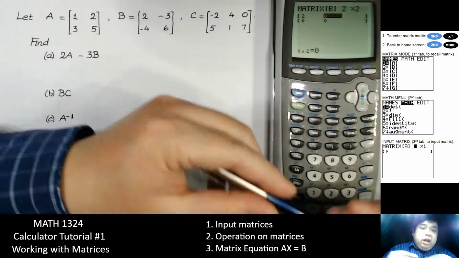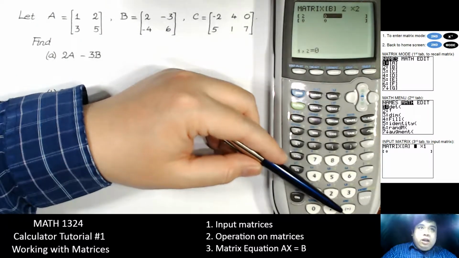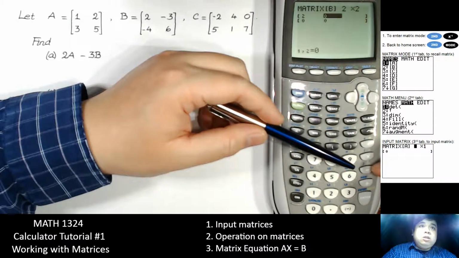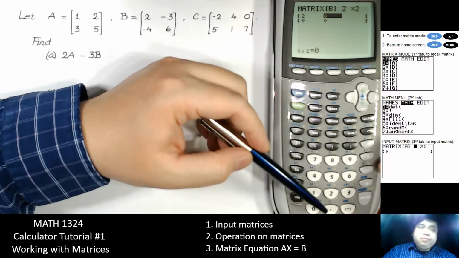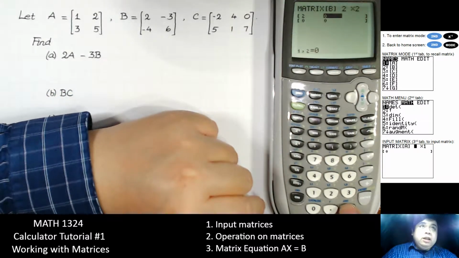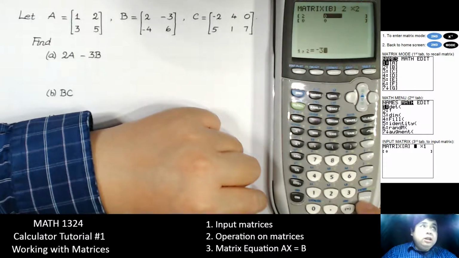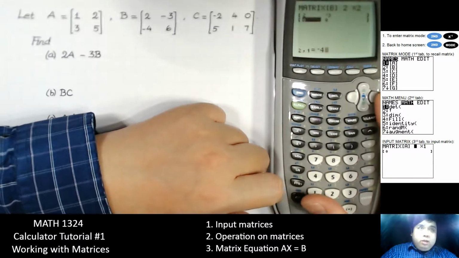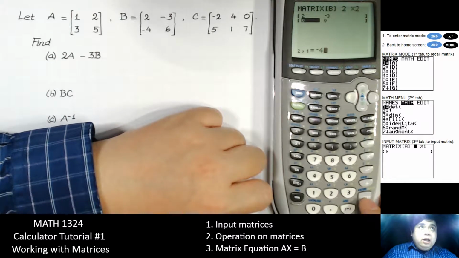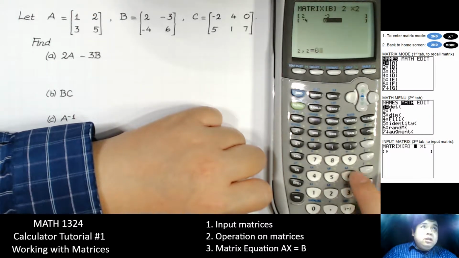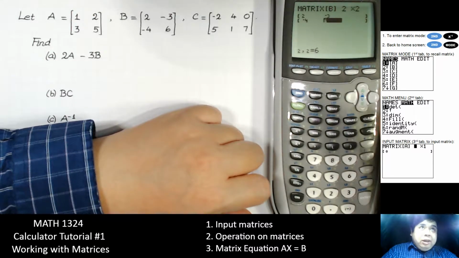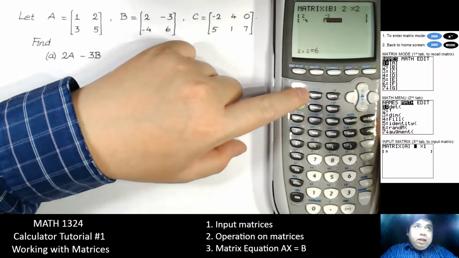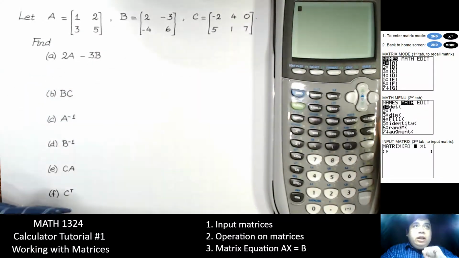To put in -3, we use this negative sign and not that subtraction sign. So -3, -4, and then enter 6. That is the matrix B, and then we hit second mode. Now we're back to the home screen.